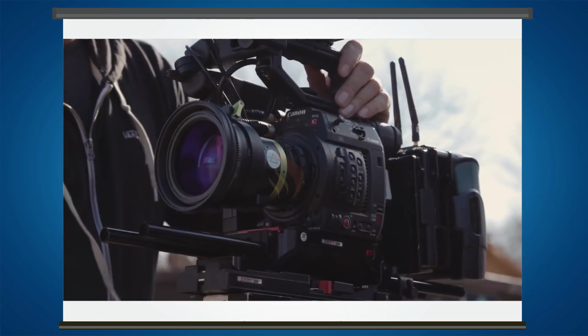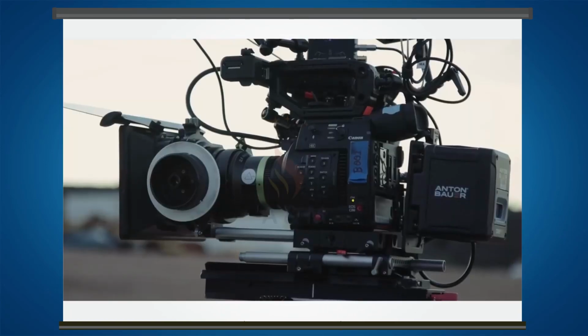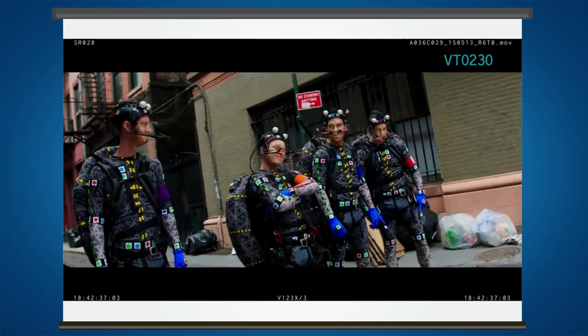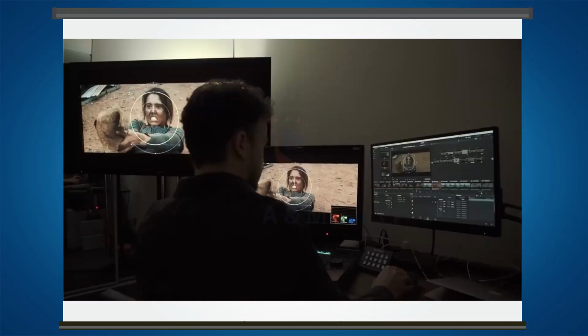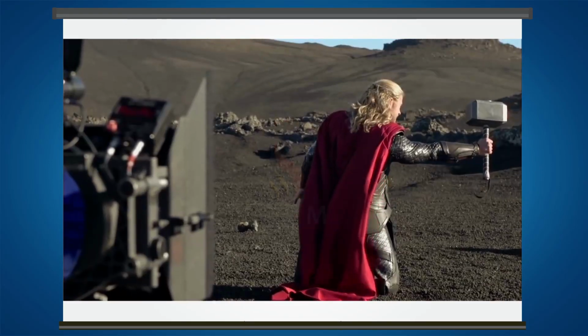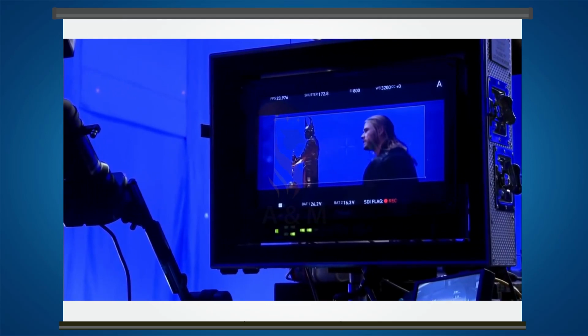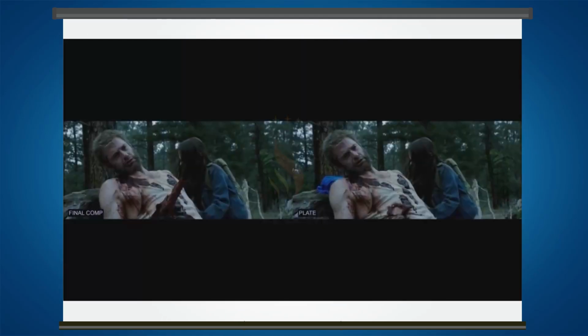Professionals also use digital movie cameras, motion or performance capture, blue or green screens, film editing software, props, and other tools used for movie animation.